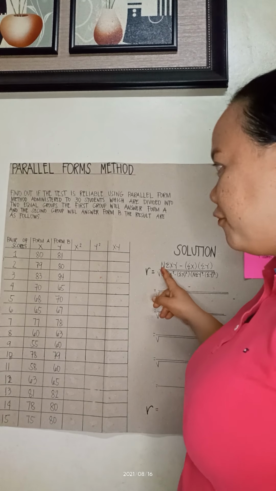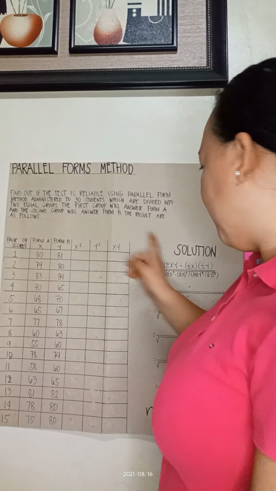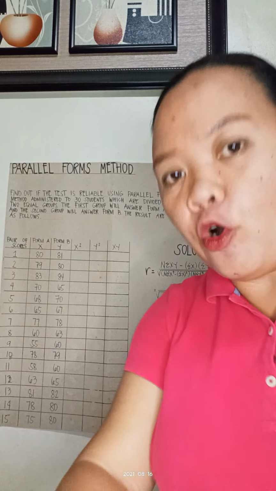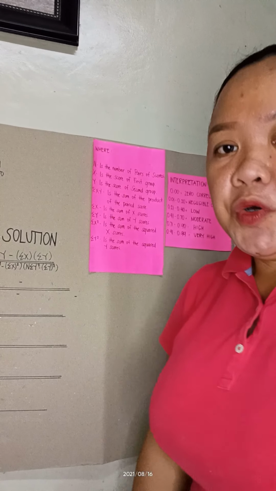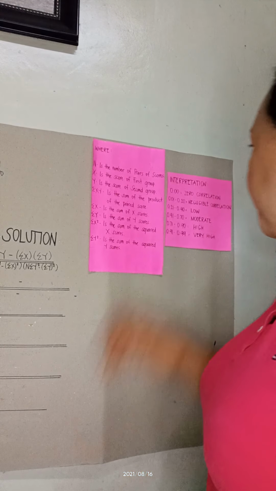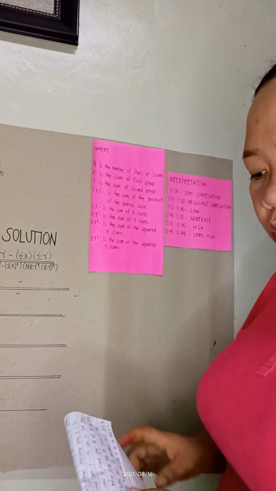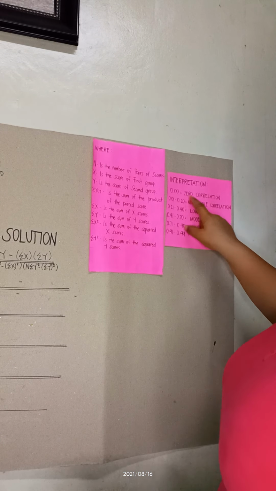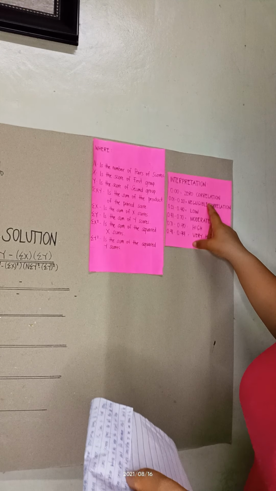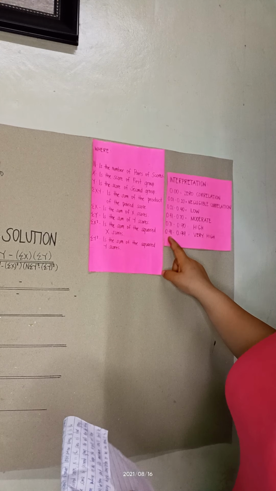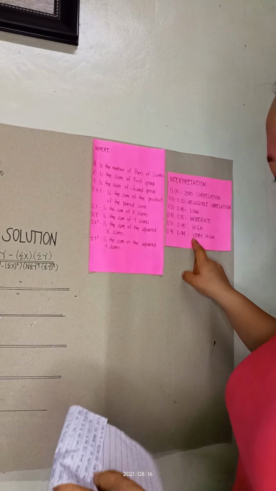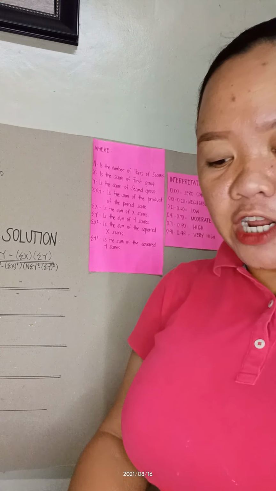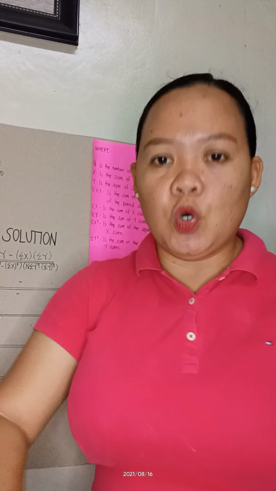We will be using n for our paired scores, x for form A and y for form B. We will also be using an interpretation wherein a result of 0 is a 0 correlation, and the maximum result would be 0.99, which is a very high correlation, or we can round it to 1.